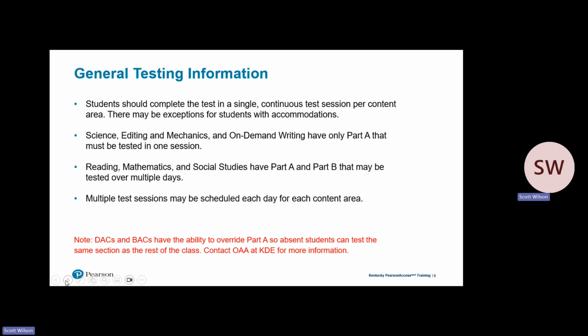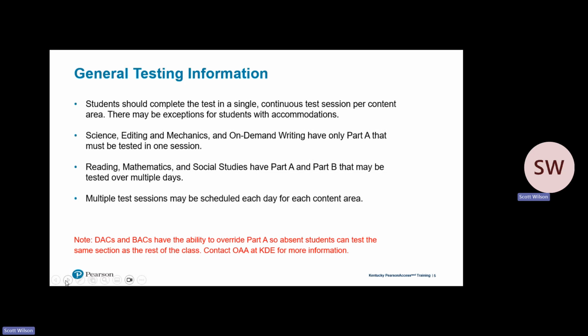Reading, mathematics, social studies have part A and part B, and those may be tested over multiple days. Multiple test sessions may be scheduled each day for each content area.